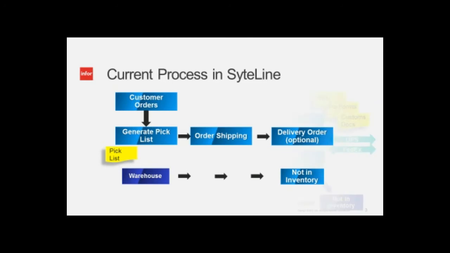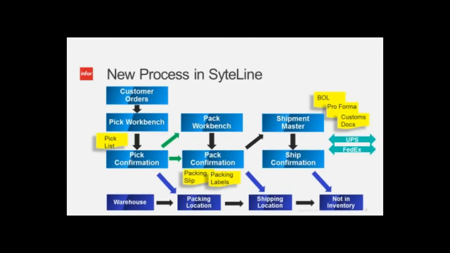With the new process, and I'll preface this with a little bit of a caveat here, this process flow is tailorable to your organization. So it looks a little busy when you first look at it, but you don't have to use every component in this flow if it doesn't apply to you. But similarly, as to what I had before, I can take a customer order and go through the picking process, but I've actually got a series of workbenches to go through.